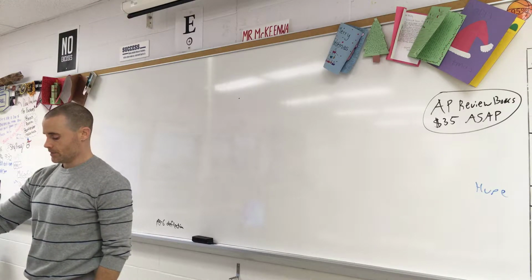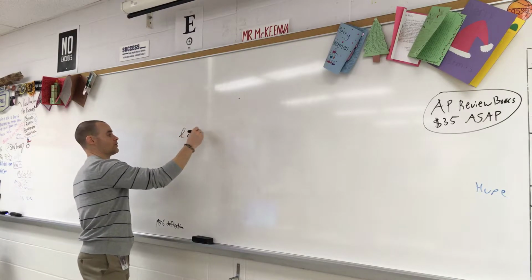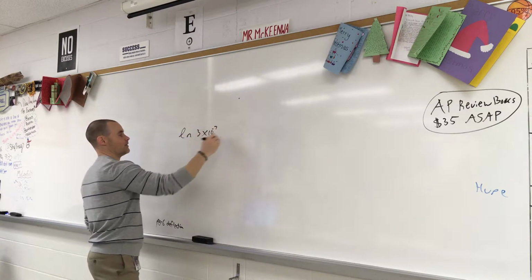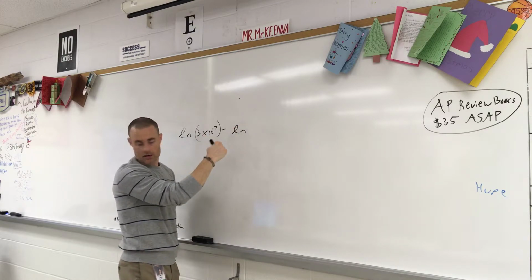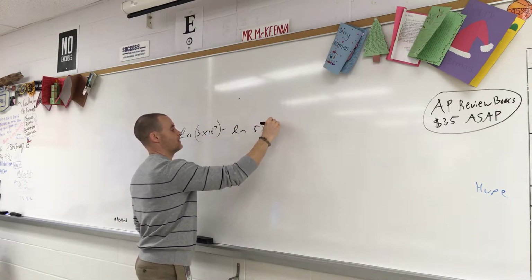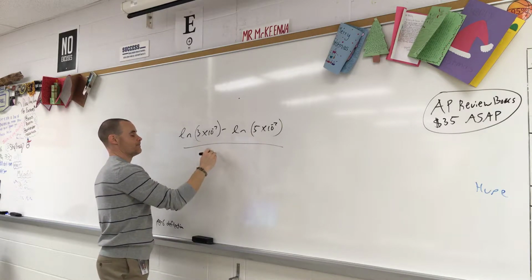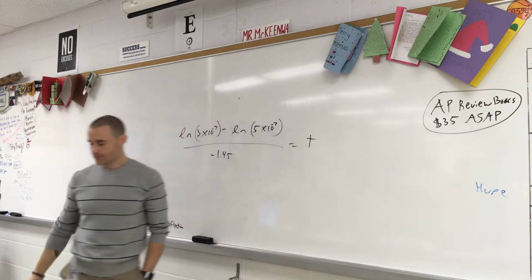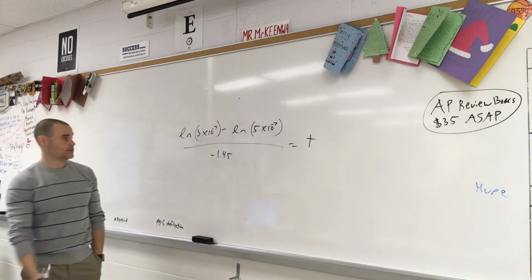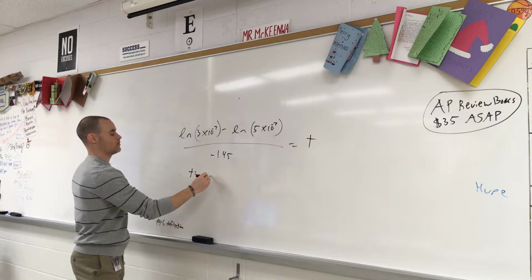So it's the natural log of 3 times 10 to the negative 7 minus natural log of 5 times 10 to the negative 7, divided by negative 1.45, that equals t. You do that on the calculator, and it equals 0.352.